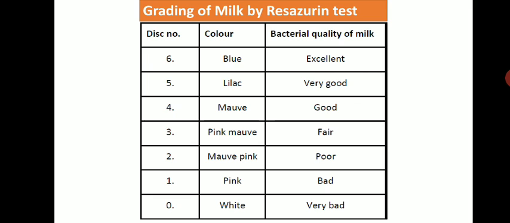So pink color is an indicator of bad quality. And blue color is considered excellent quality of milk. And if the color gets reduced or changed to white, the quality of milk is considered very bad. So this is basically the grading of milk based on different colors.